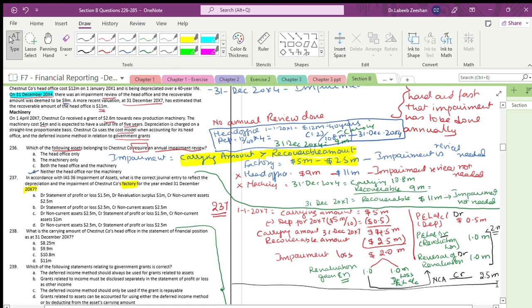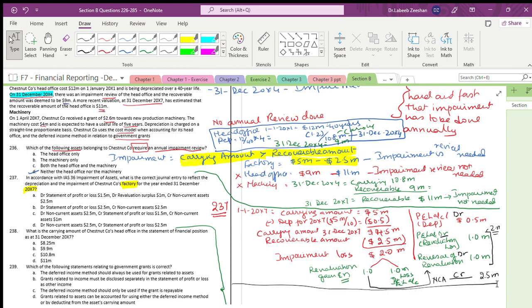When it is an impairment loss, 2 million is the impairment loss. How do you have to divide this 2 million? They have said that we already have a credit balance of 1 million. That 1 million we have to offset, we have to cancel against that one first. We make the credit balance a debit, the revaluation, 1 million.